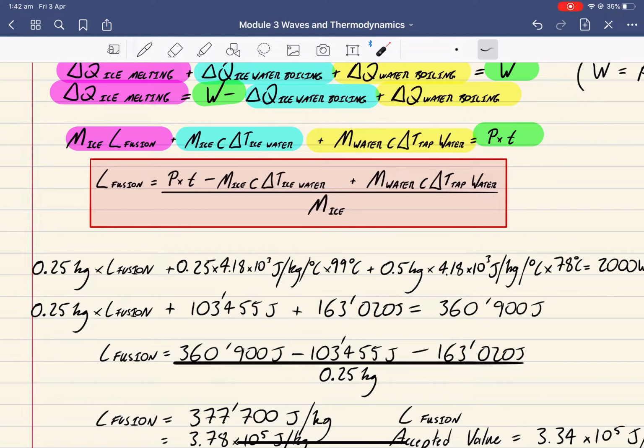All of that is divided by the mass of the ice to give us the latent heat of fusion.